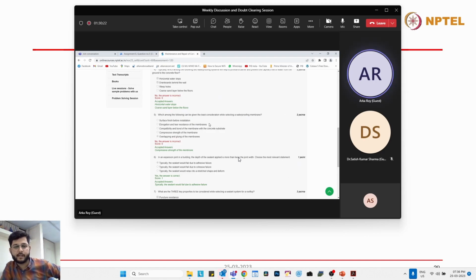If you're applying it on a column surface, it will be around the column surface, not on the top and the bottom, because you want a good bond between the beam and the column. That will be exposed to tension, not compression. So you have to have a good bond and tear resistance rather than good compression.